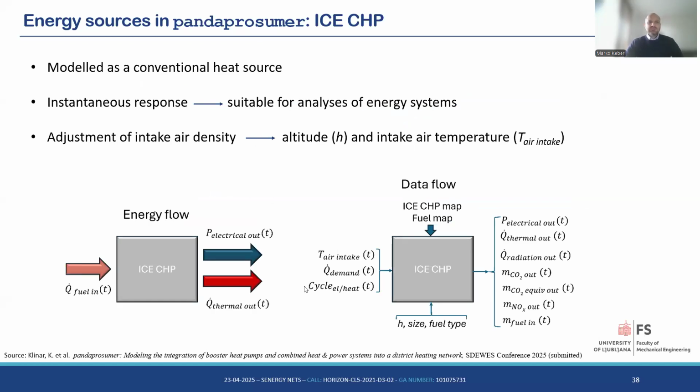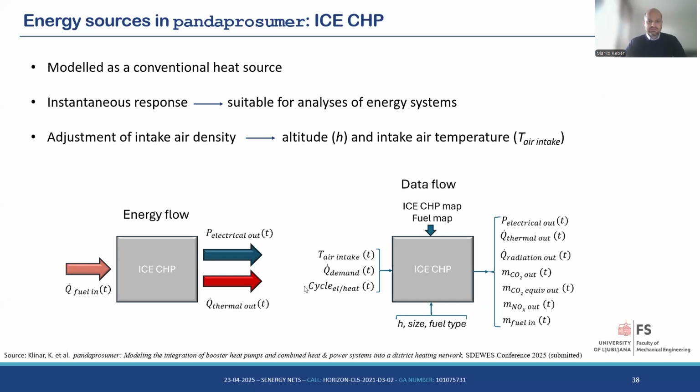So how does it work? It's modeled as a conventional heat source. This means that if you look at the picture on the left-hand side at the bottom, the energy from the fuel comes in, and then we have the electrical power coming out and the thermal power coming out as well. There are different inputs.